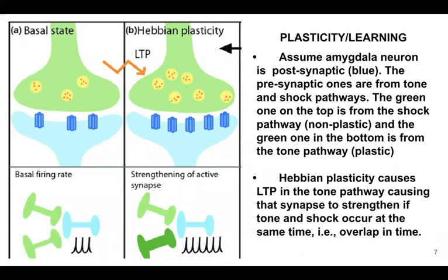AMPA receptors are ligand-gated ion channels, and in this case, the ligand is glutamate, while NMDA receptors are ligand- and voltage-gated. AMPA receptors, when bound at any voltage, will open to let cations flow into the postsynapse and depolarize it.